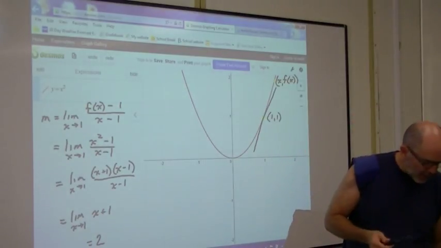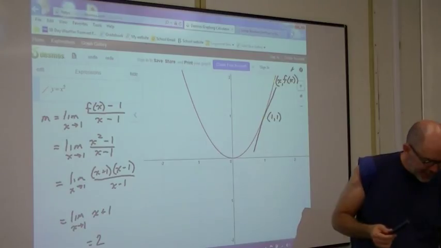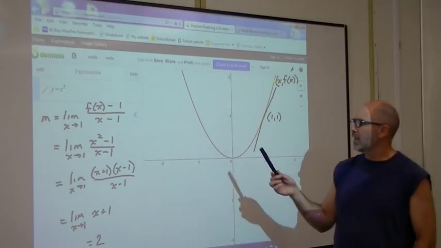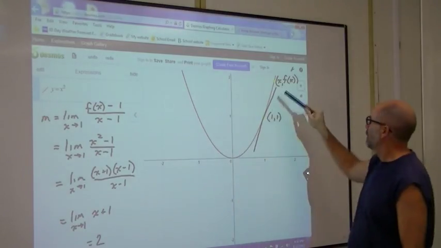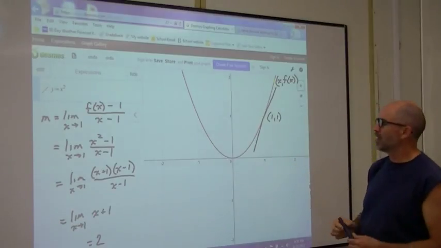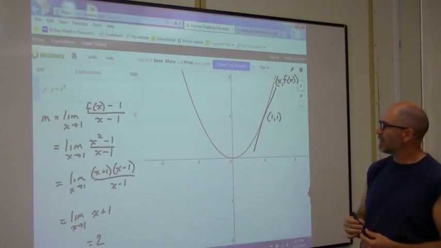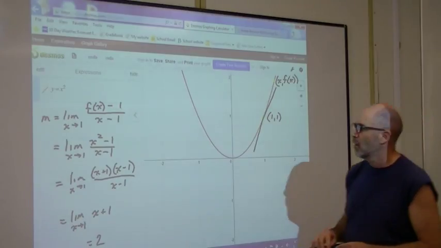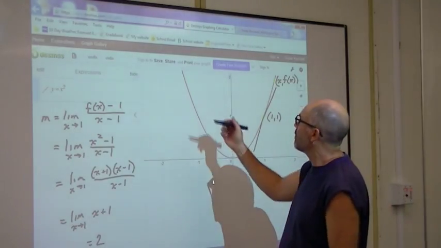So now, what we need is the equation of this tangent line. Okay, so that means we found a slope and we have a point. Well, let's plug it in point-slope form.